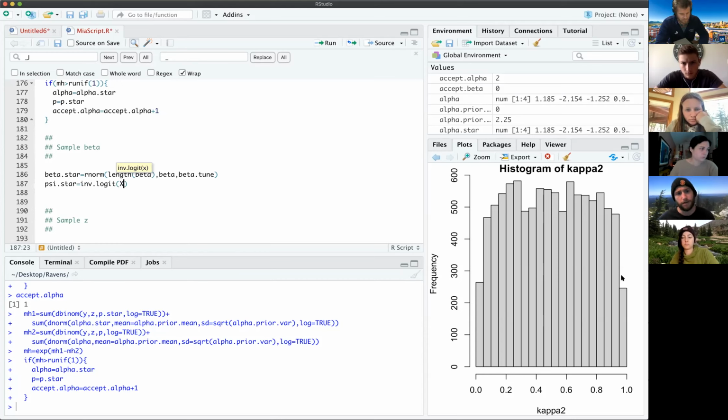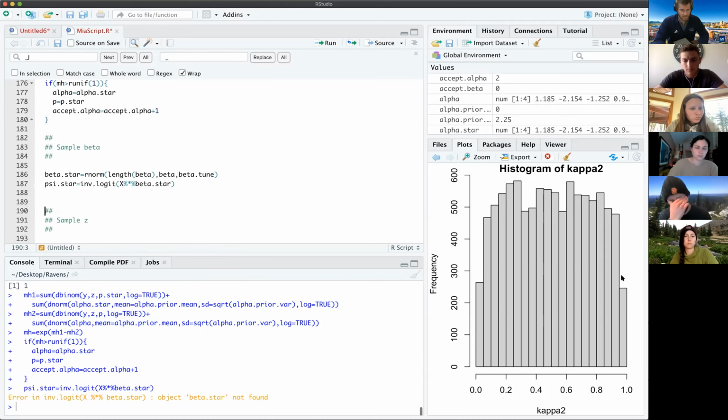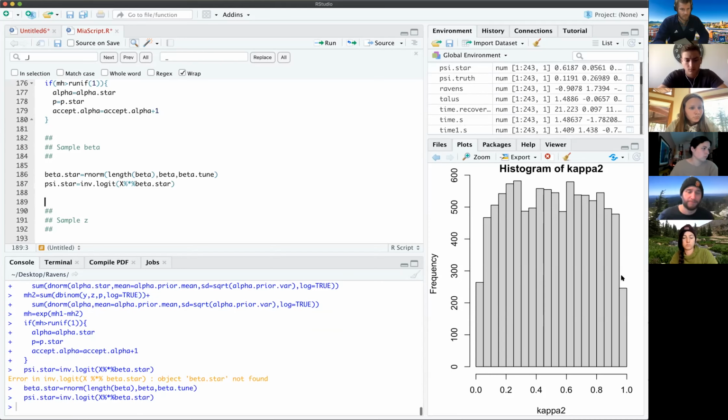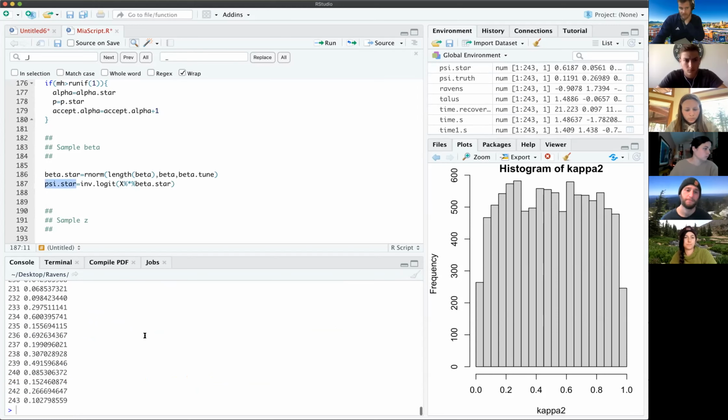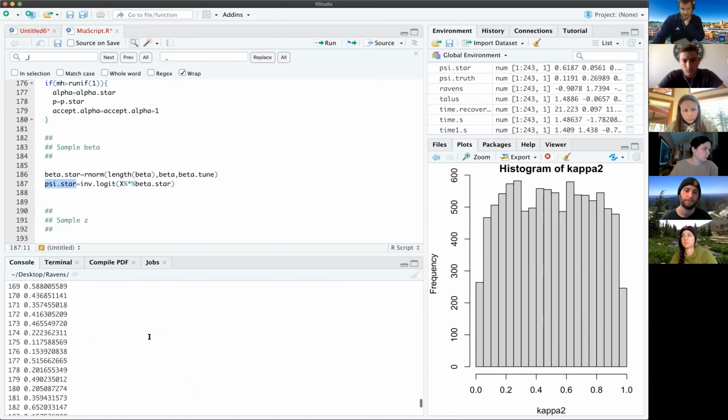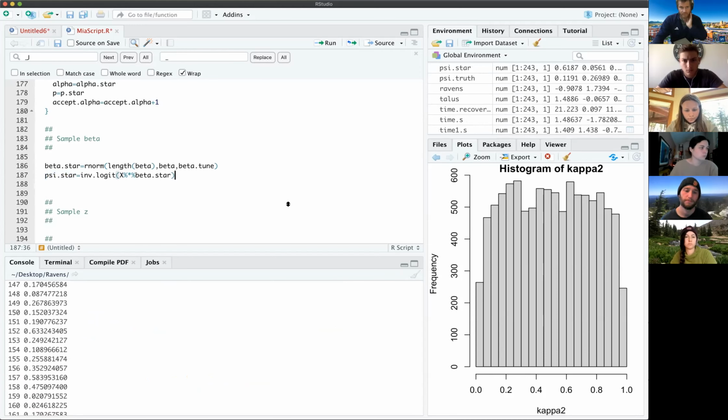I see. Yeah, we have to multiply that by our covariates. Okay, so let's take a look at that. This is our occupancy probability for each site, or our proposed occupancy probability.